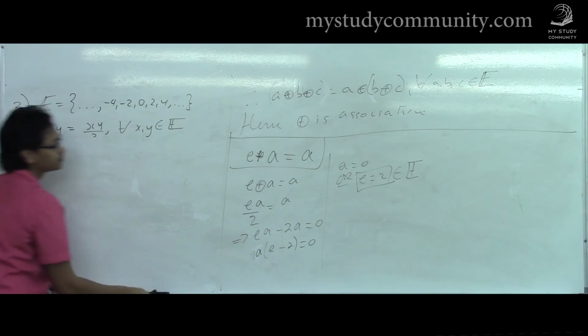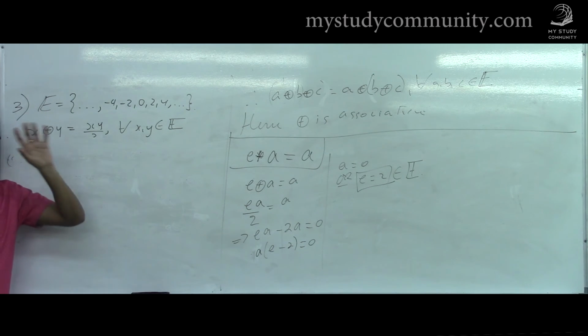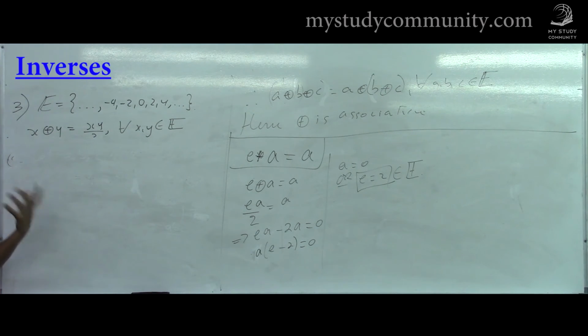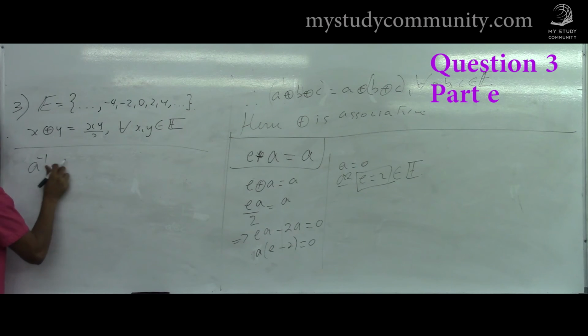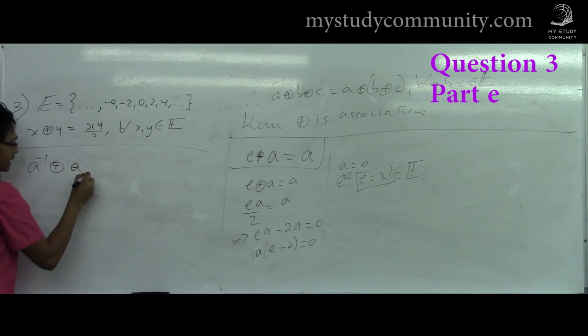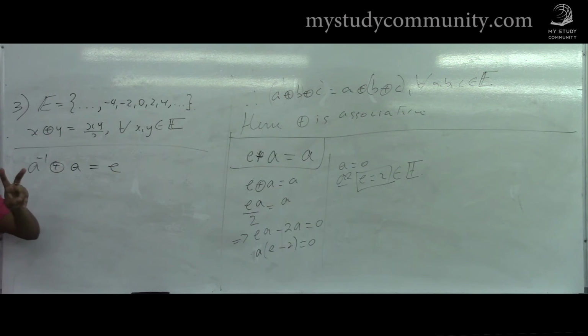So now, after we've found E, we want to solve for A inverse. So inverses of elements. The formula for the inverse of an element would be the inverse circle plus a normal element should give me back E. But from before, we know E is equal to 2, yes?